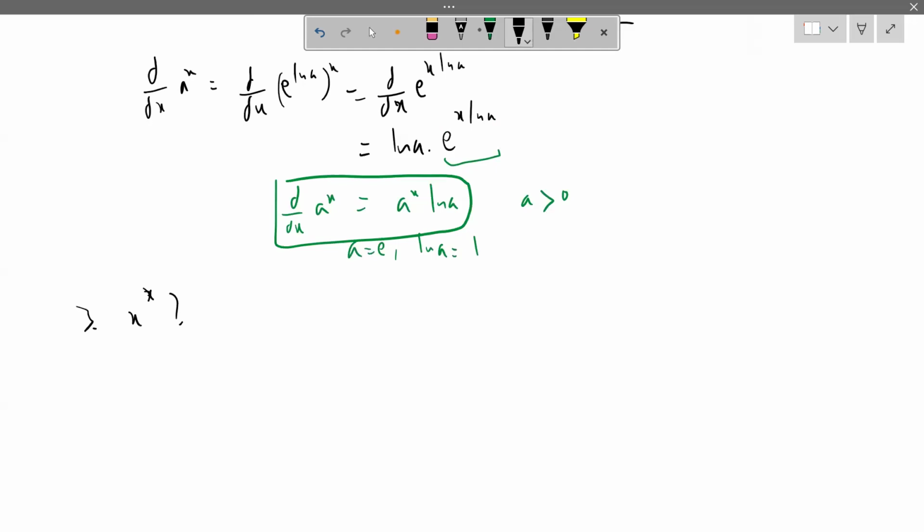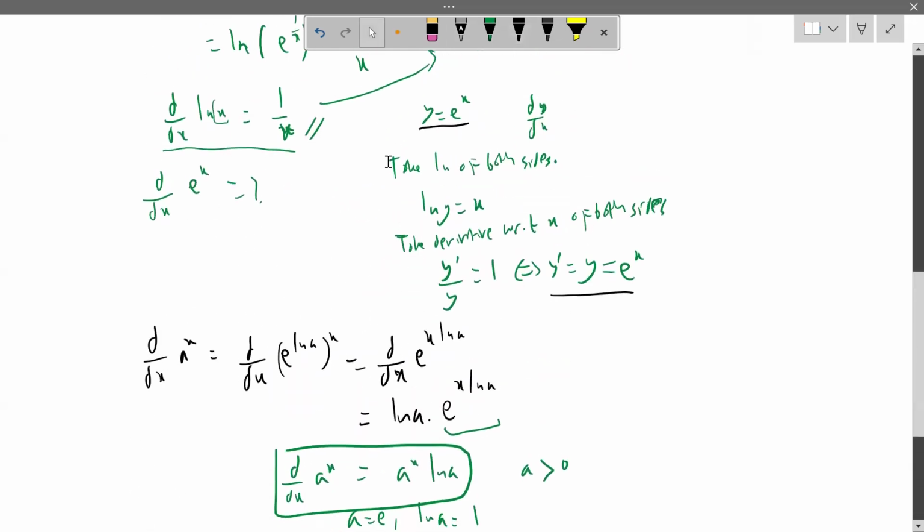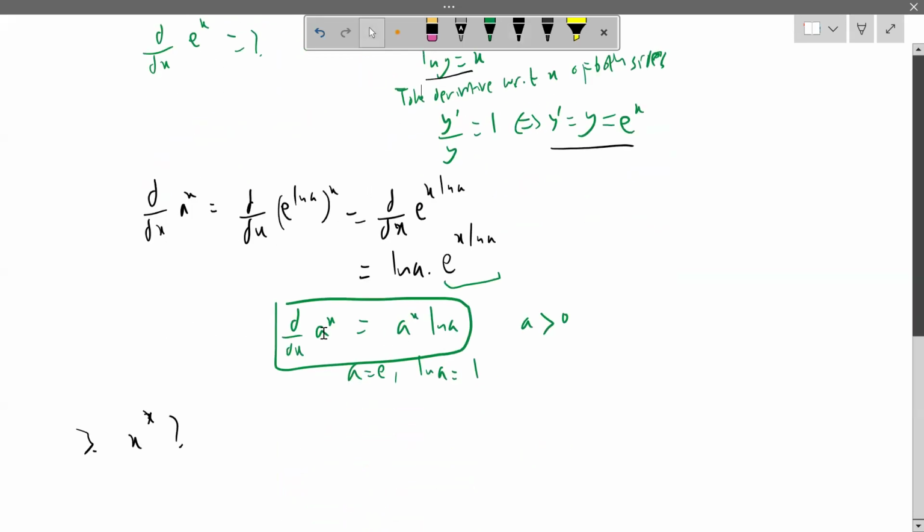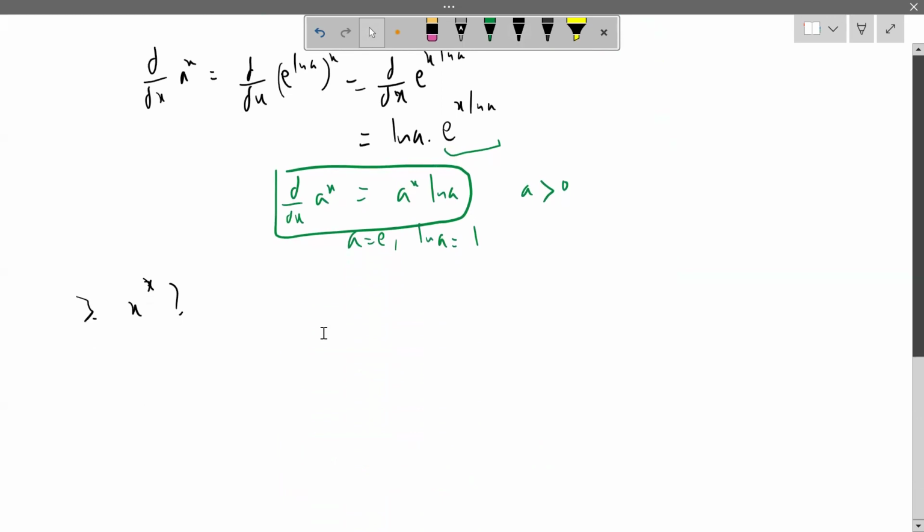Or will they? Remember that when taking the derivative of e to the power of x here, we took the natural logarithm of both sides in this step. It appears that doing this is the key to taking the derivative of this function. And this technique is called logarithmic differentiation.